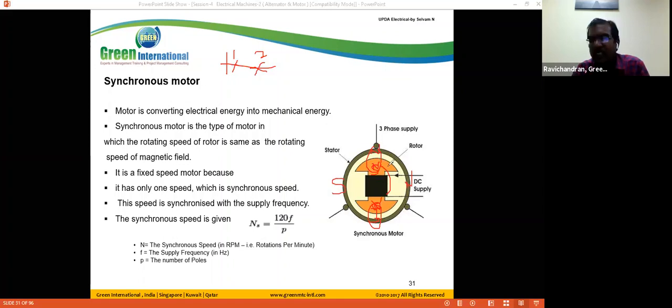At that time, this rotor also tilts because the south pole and the north pole of the field winding were already attracted at moment 1. So whenever the magnetic field in the stator is rotated, the rotor also rotates at the same speed.